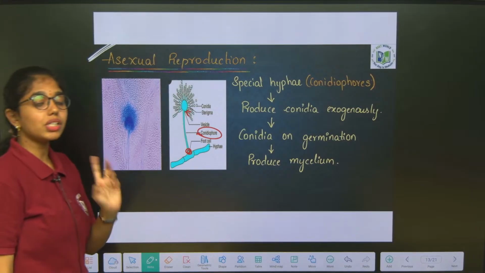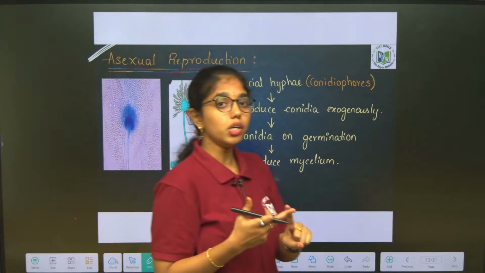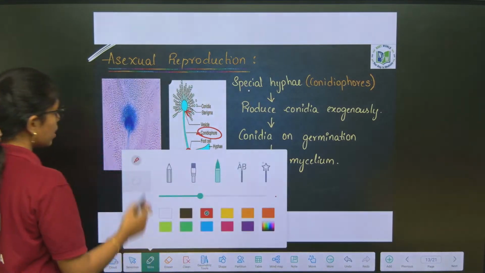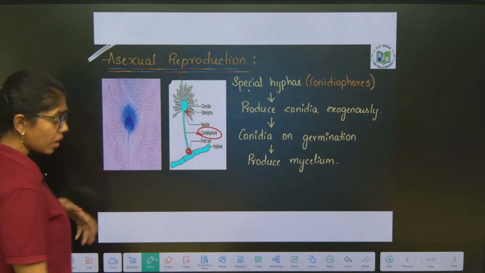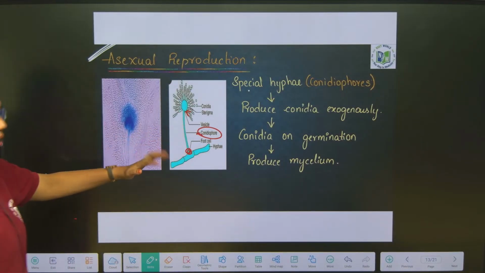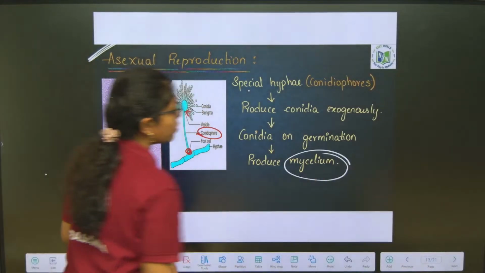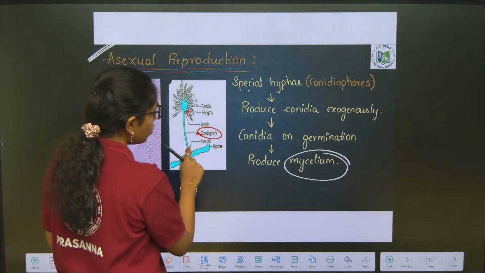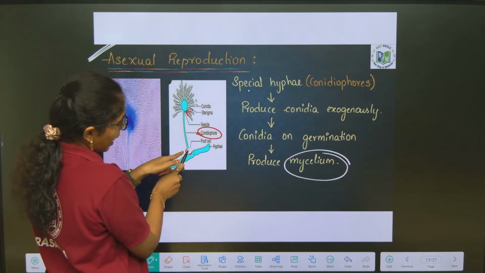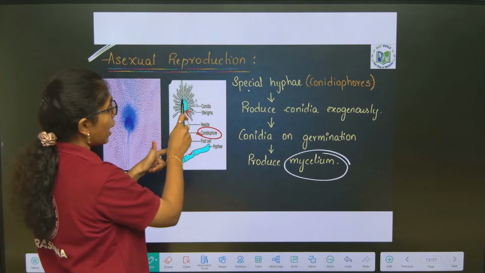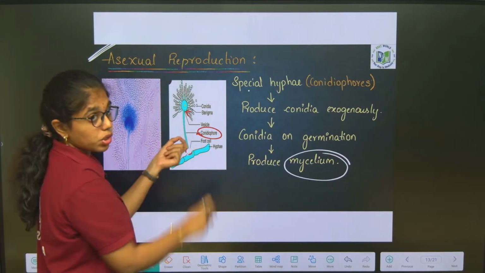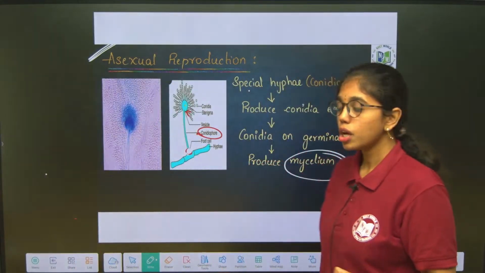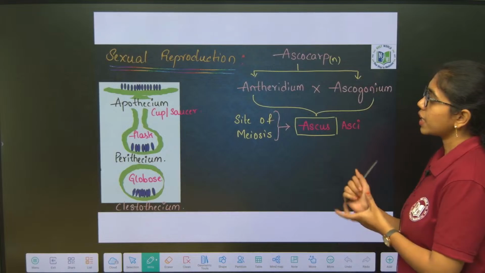Do remember in each and every class what the asexual spores and what the sexual spores are. So, the special hyphae over here is what? Conidiophores. They produce conidia exogenously. Conidia on germination will give rise to mycelium. Two additional points to remember: the foot cell is the connecting cell from the hyphae to the conidiophore, and above you have sterigmata, which release the non-motile asexual spore, that is conidia. Clear, right?